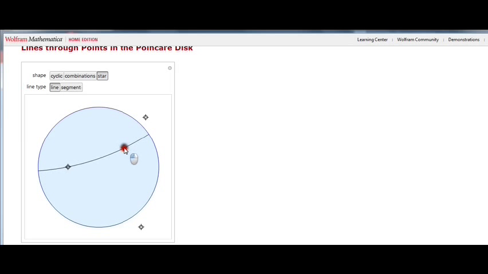Okay? So we have our definition of points and lines. And also, given that almost all of the postulates of Euclid hold here, except the parallel postulate, we can pretty much do geometry in this space.